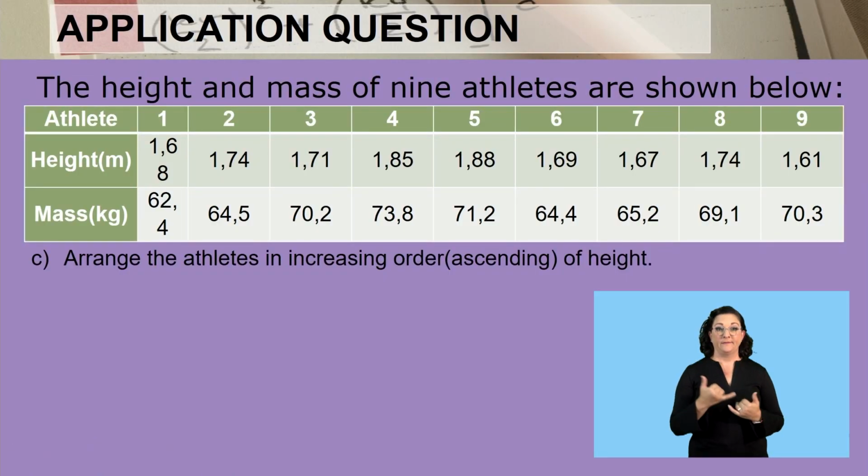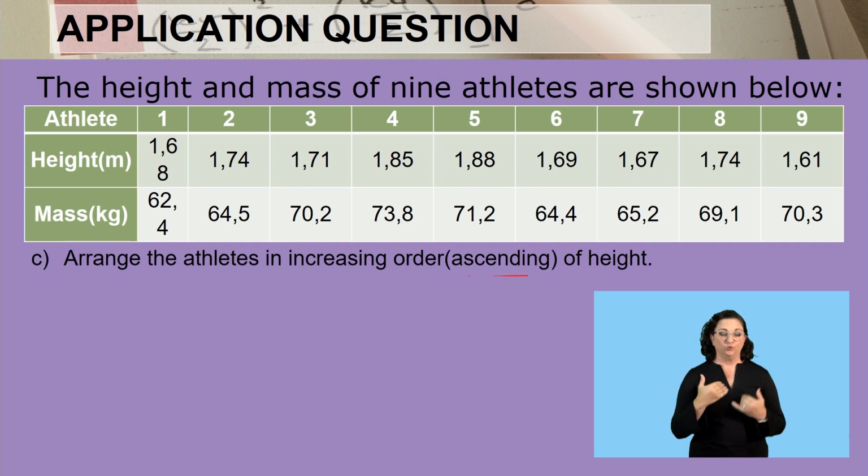Look at the table again. The third question reads, arrange the athletes in increasing order, this is ascending order of height. So we're going to check who is the shortest, followed by the next, until we get to the tallest. Let's do that.